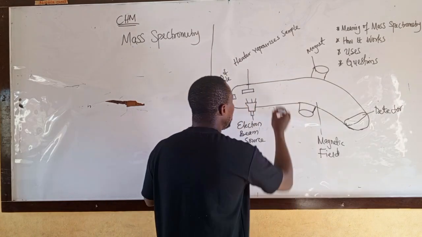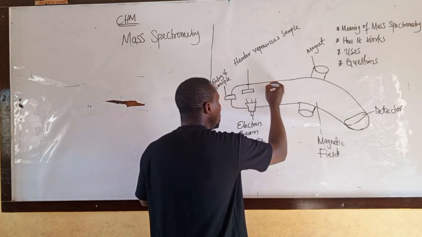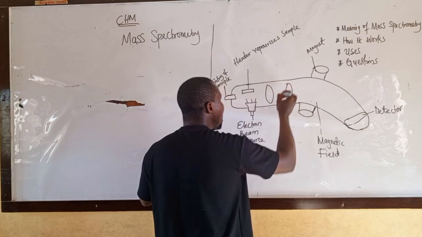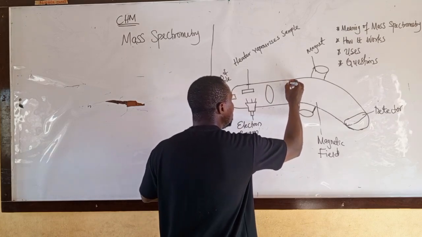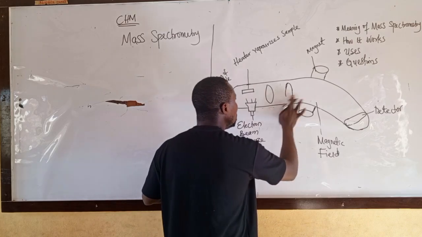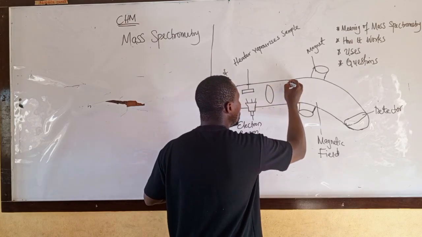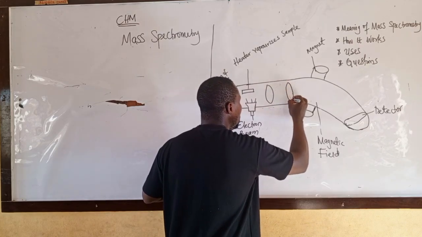Then at this point we have two plates, which are the ion accelerator plates. They are electric plates.